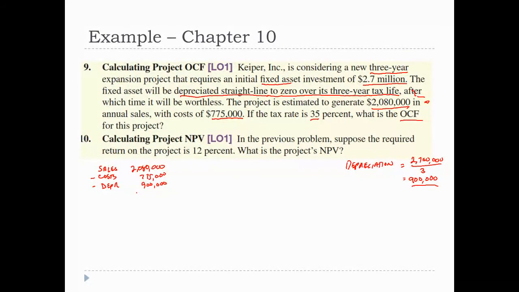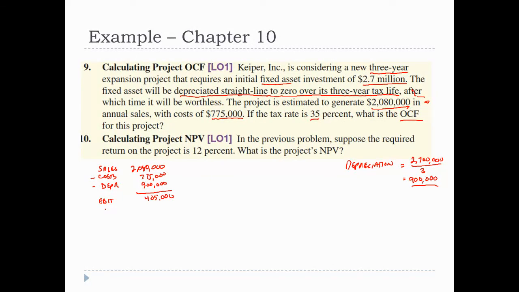If you take sales minus costs minus depreciation, you wind up with a quantity that you would recognize from the income statement as earnings before interest and taxes. And just doing this math here, I have the result figured out. It should be $405,000.